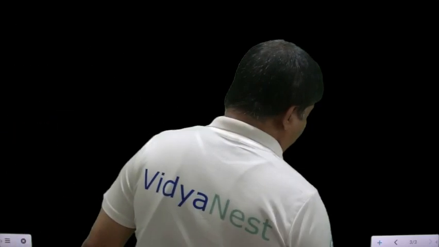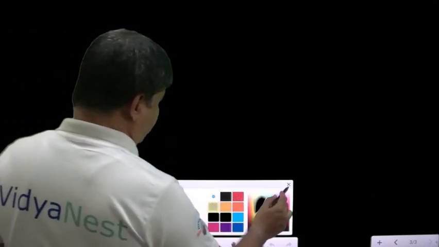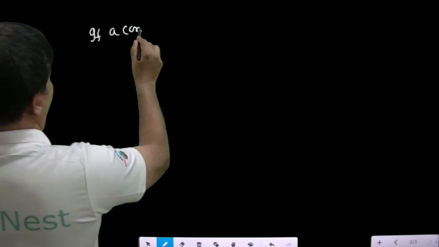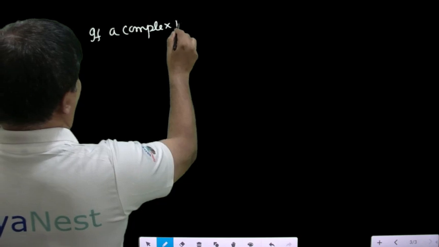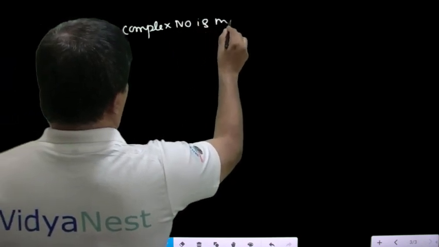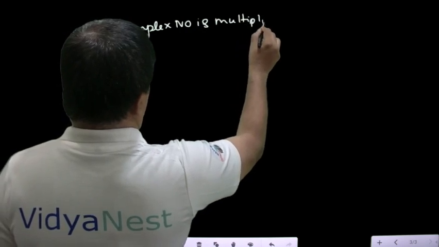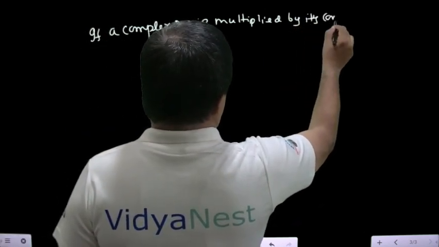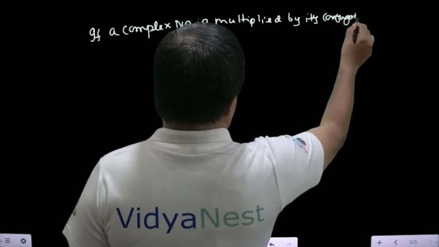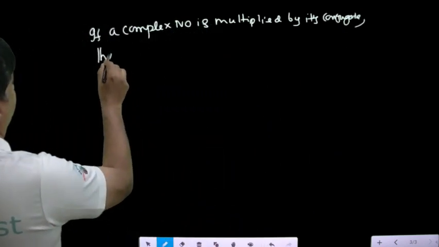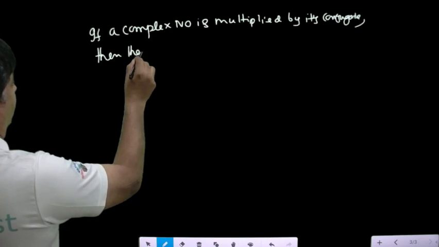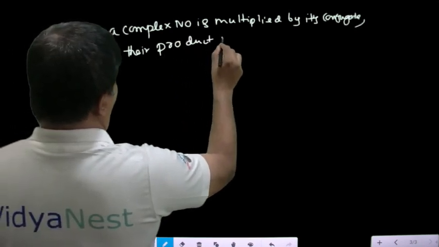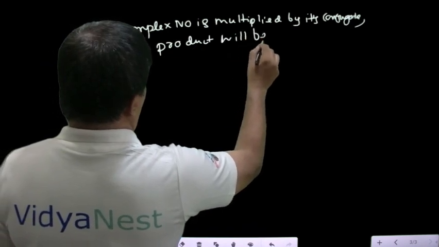So from here, one conclusion I can draw, that if a complex number is multiplied by its conjugate, then their product will be real.